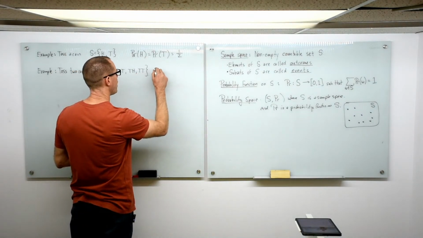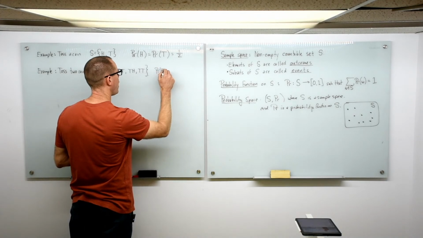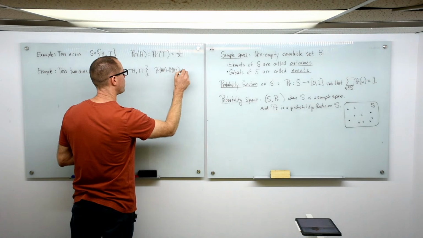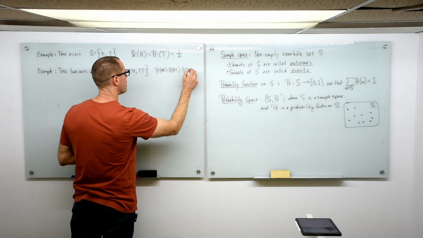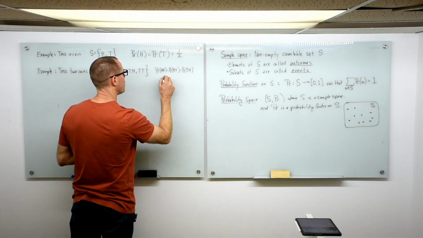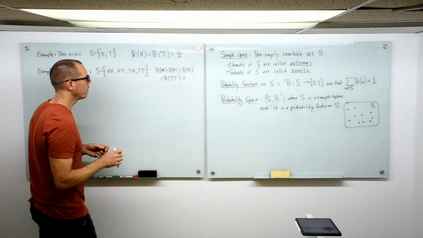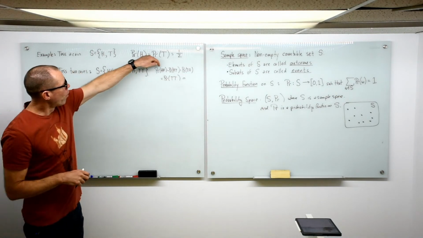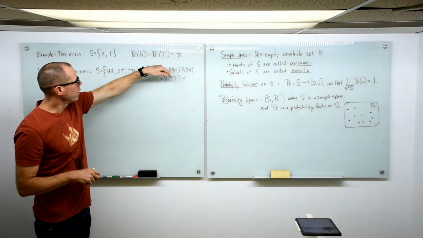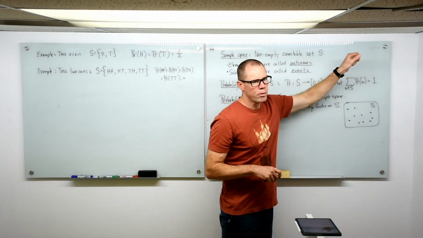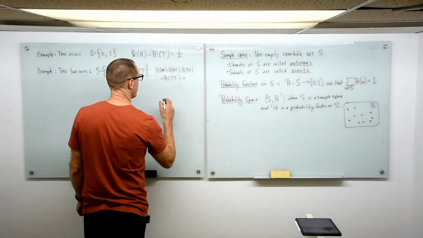So the probability of heads, heads equals the probability of heads, tails equals the probability of tails, heads equals the probability of tails, tails. Now we have 4 numbers all equal, and if we add up those 4 numbers, they have to add up to 1, so they must all be equal to 1/4.